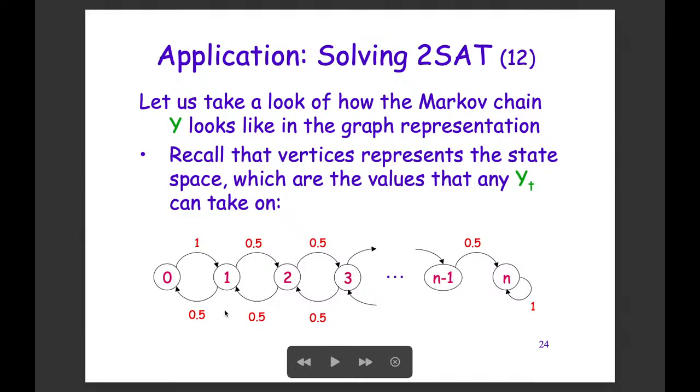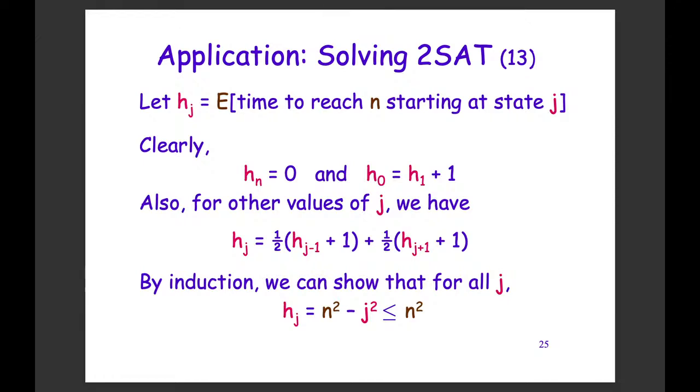And also, in terms of expected number of steps, if we are at state 2, let's say, for our case, the number of steps expected to go from state 2 to n must be smaller than or equal to the number of steps expected to go from state 2 to n in this chain. So in that sense, we can compare our algorithm with the chain here for some property.